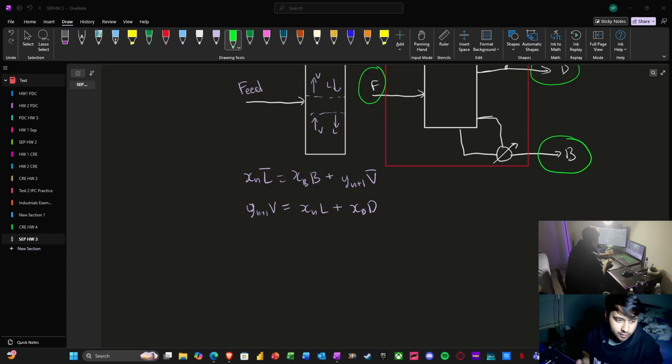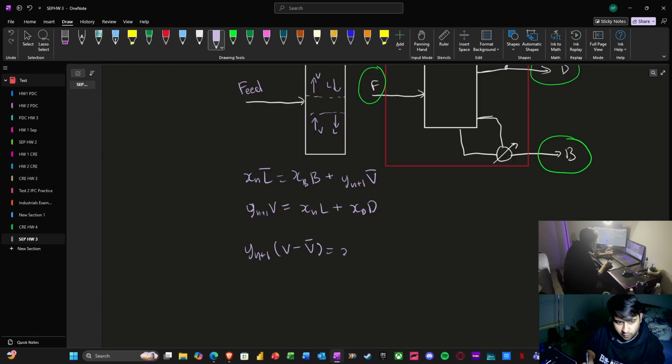So now we can combine our stripping and our rectifying equations to get an equation where yn plus 1 is multiplied by V minus V bar, which equals xn times L minus L bar plus xb times B plus xd times D. Actually, this section right here can just be dumbed down to our composition of feed times our flow.